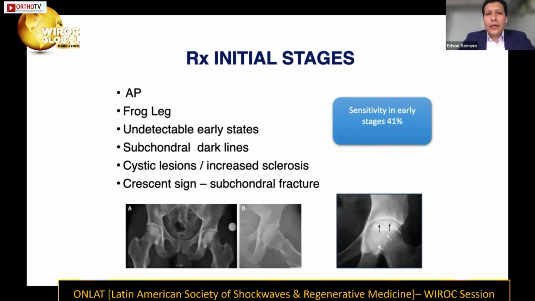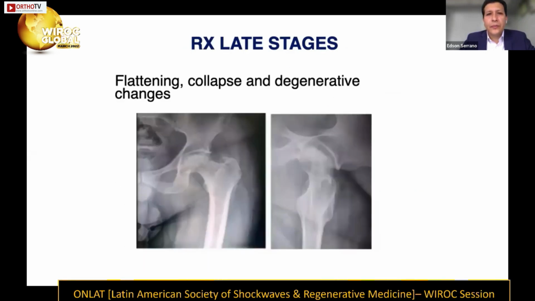X-ray is the first imaging, but its sensitivity in early stage is 41%. It is very low. For this reason, we don't use it to make the diagnosis in early stages.